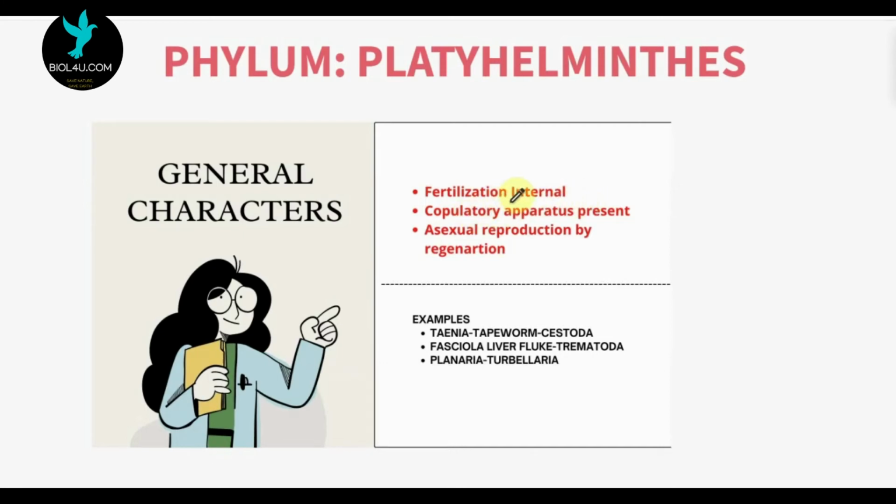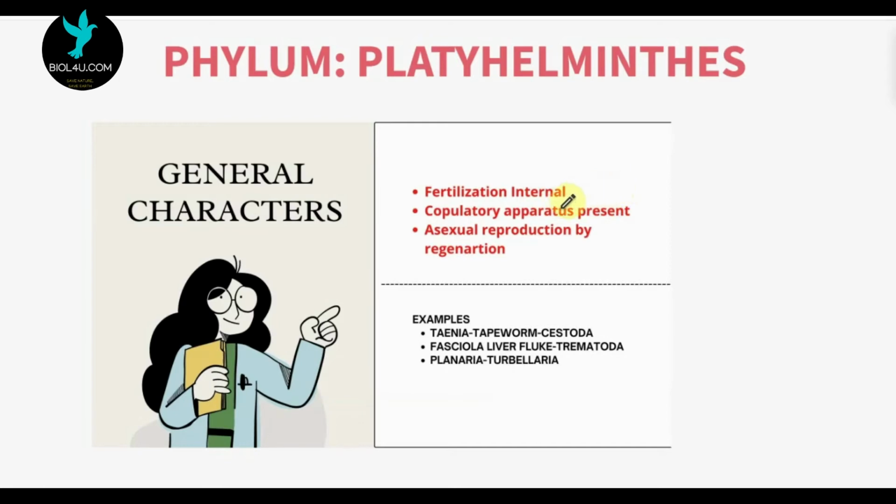Okay. And a copulatory apparatus is also present in this animal. Why, if internal fertilization takes place, what is the use of the copulatory apparatus? It is the rule of nature to promote cross fertilization. Even though both sex organs are present in the same animal, nature prefers cross fertilization. The main reason is that when the male sex organ matures, the female sex organ is not mature.